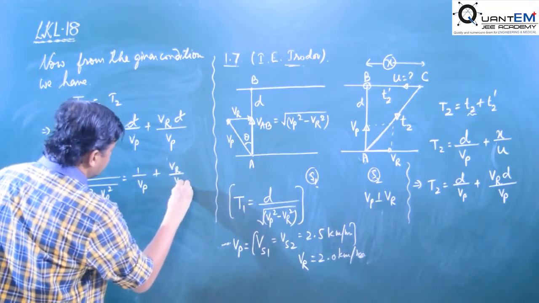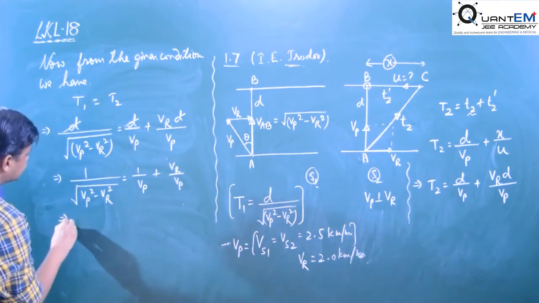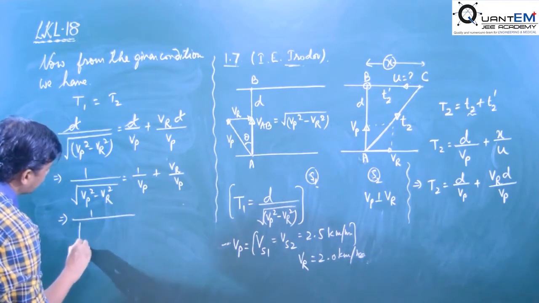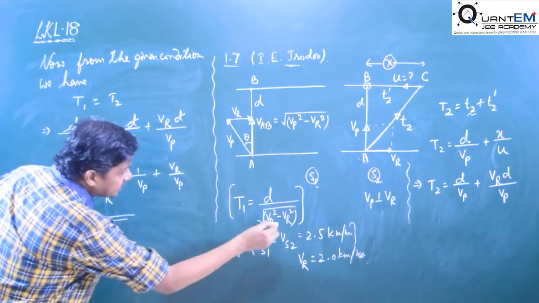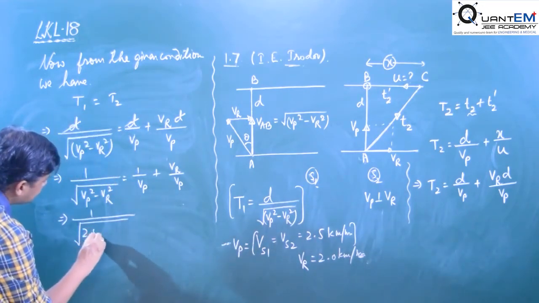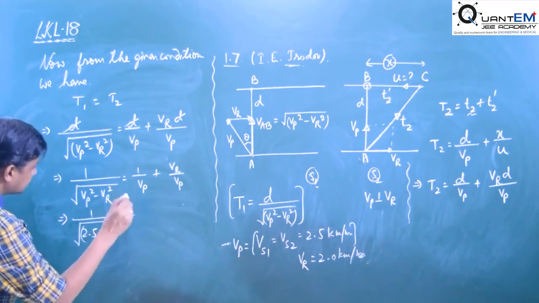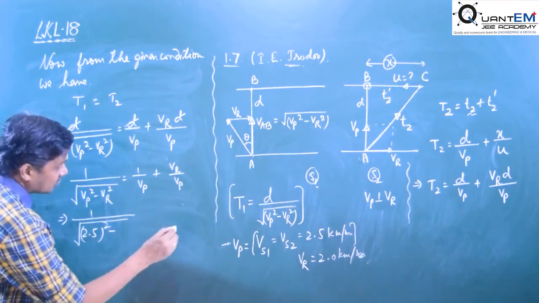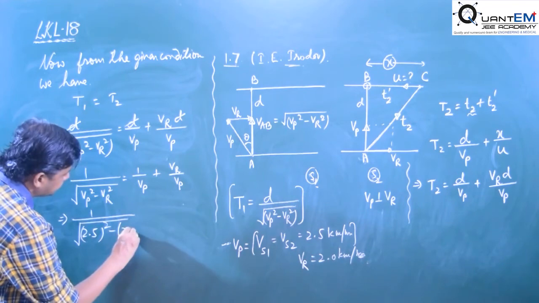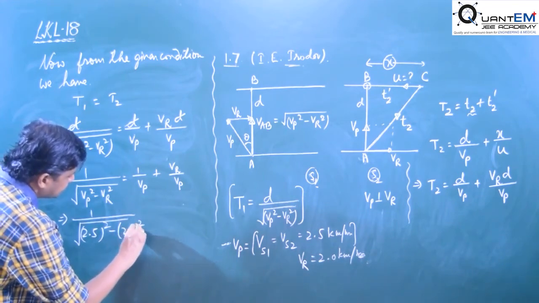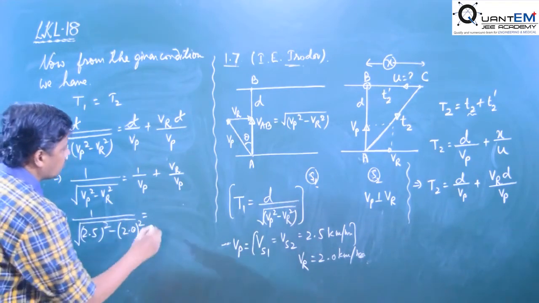That is 1 by, what is the velocity of each swimmer? It has been given: 2.5 km per hour squared minus the velocity of the river, 2.0 squared, is equal to 1 by Vp.